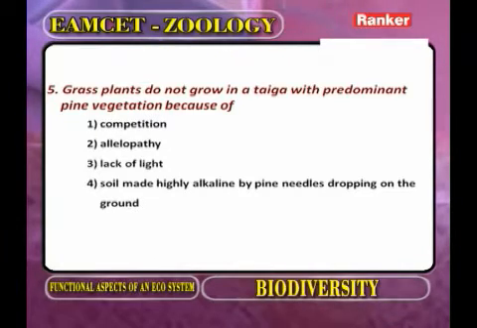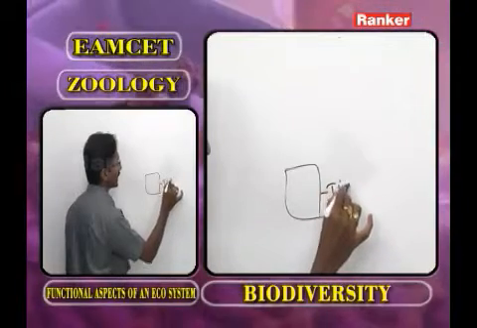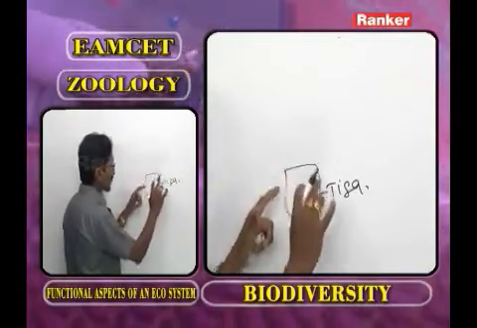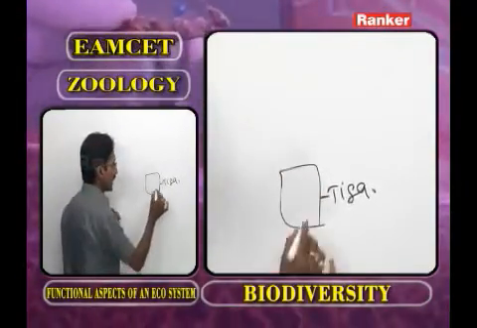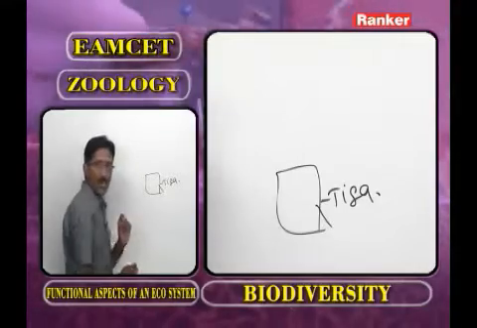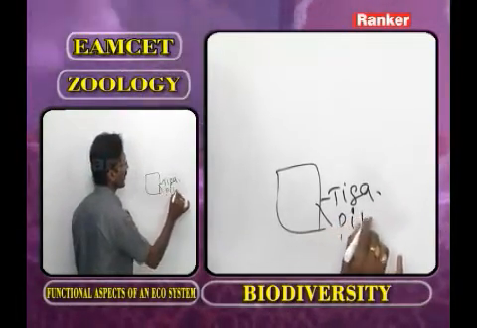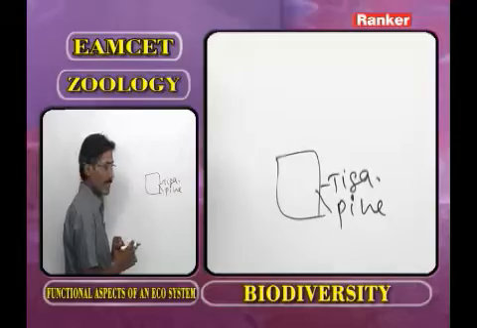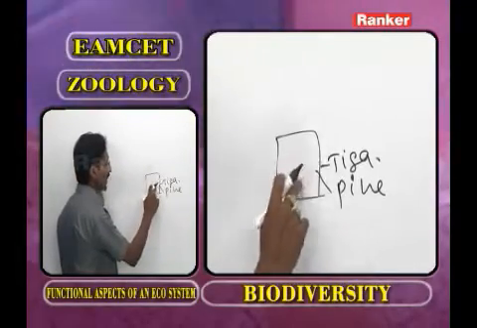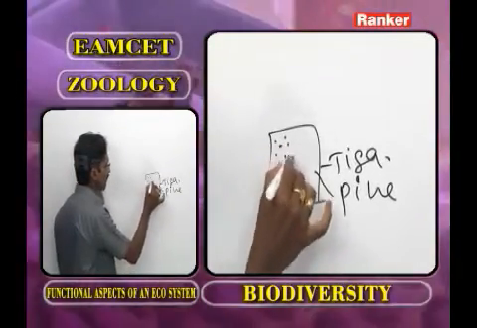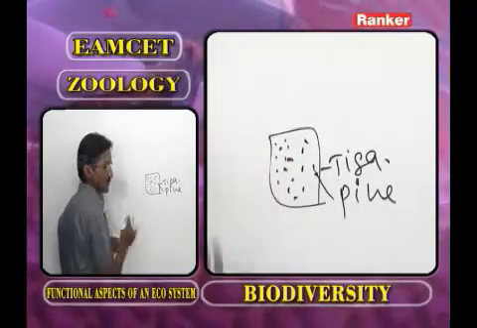This is an area that we call taiga. In this area, the coniferous plants are predominant. The place where pine trees are present, the pine trees are predominant.